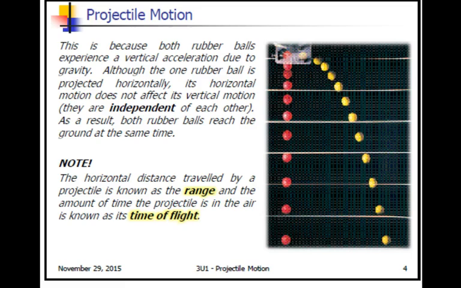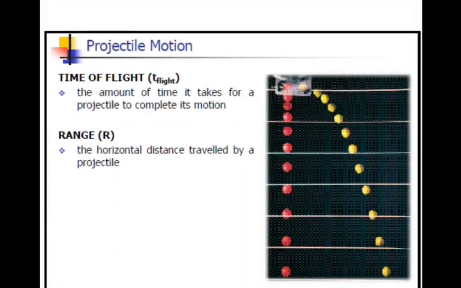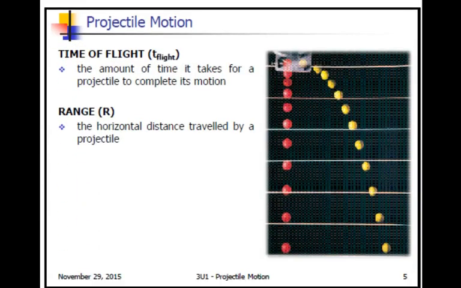It is how far it moves in the horizontal as it goes through its projectile motion. So write down the definition for time of flight. It is the amount of time it takes for a projectile to complete its motion, which is usually when it hits the ground. Range is the horizontal distance traveled by a projectile.